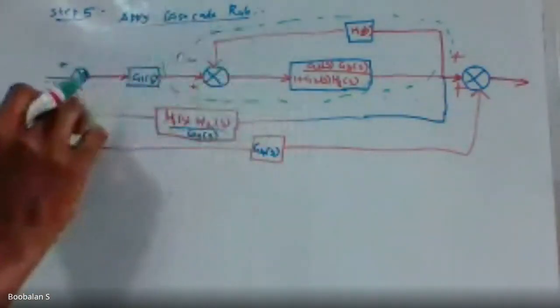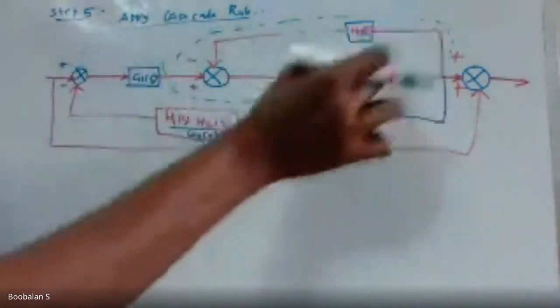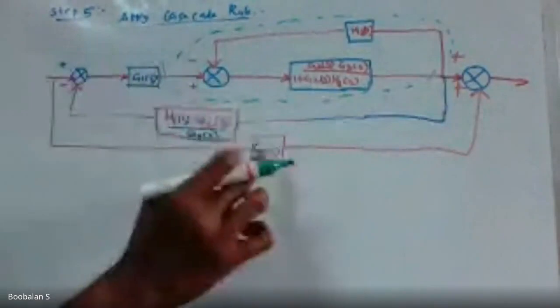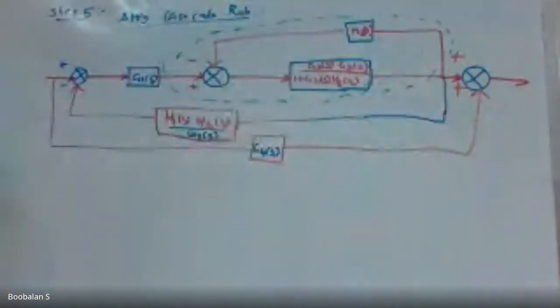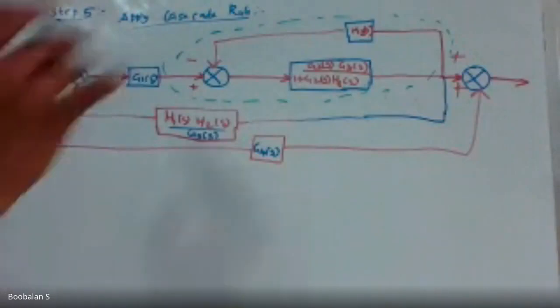Once cascade is finished, the internal block is now in negative feedback. Once that is finished, the block is now in parallel mode, simply expressed. I already told you, just apply one rule perfectly, and the entire block diagram loses its complexity itself, right? Easily it's going.